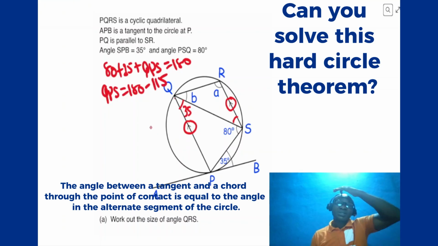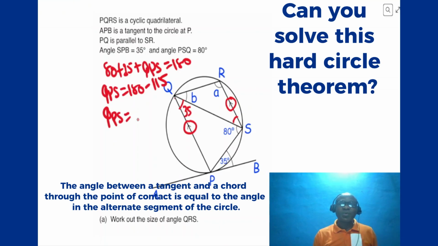Isn't it? That is 35 at Q plus 80 will give me 115. Therefore, QPS is equal to 180 minus 115, which should give us what? 65. Look at the place, that is 65. Here is 65 degrees. Do you agree?